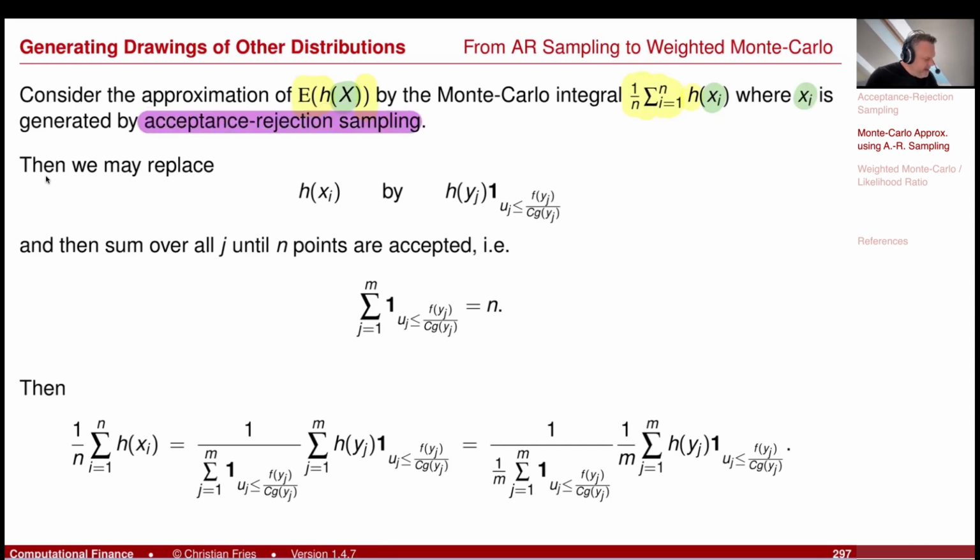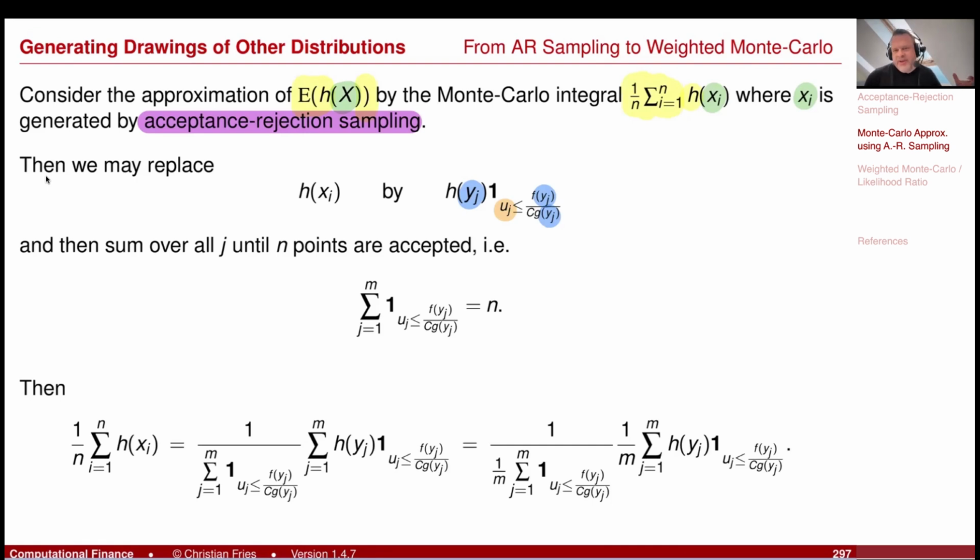What does this mean? This means that I throw away certain elements from a sequence yj. I generate a sequence yj, and now I check the criterion f applied to yj divided by c times g applied to yj. Compare that to your uniform distributed sample uj. If uj is below that bound, keep the point. If it is above that bound, reject the point.